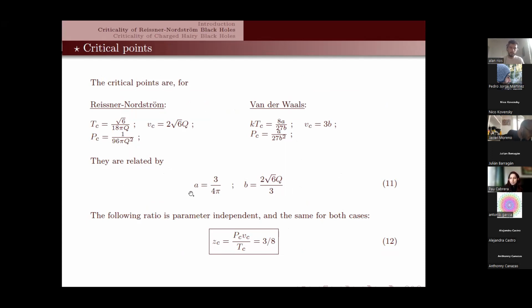Both systems give the same critical point, and it is also interesting to note that the ratio is universal for every van der Waals fluid, because it is independent of its parameters. In the Reissner-Nördstrom case, it is not only constant, but it is also exactly the same. So here are some of the quantities that correlate both systems, among others, in extended thermodynamic frame.